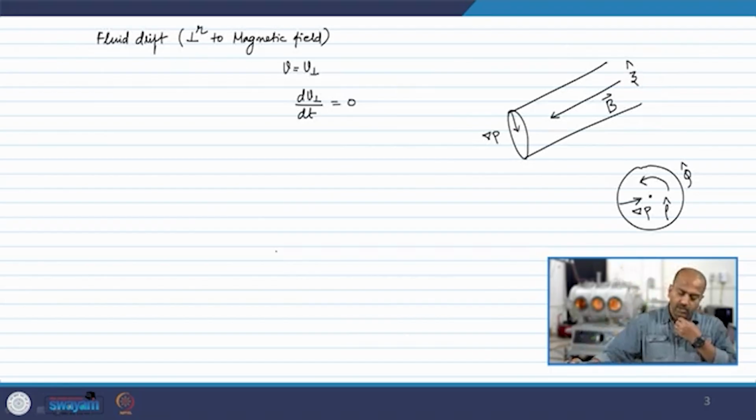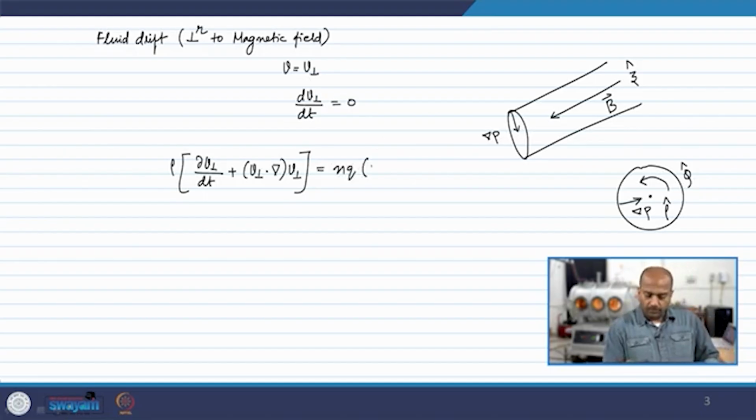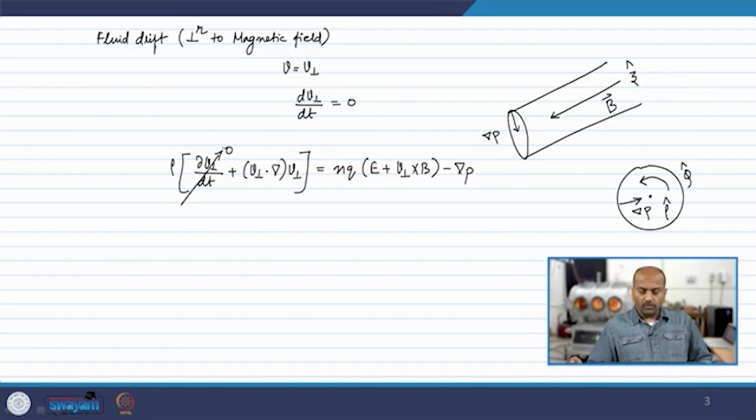So, for numerical calculations, we can start writing the equation as rho times dou v perpendicular by dt plus v perpendicular dot del times v perpendicular is n q times E plus v perpendicular cross B, minus del p. So, this is already 0 because v perpendicular is very small.